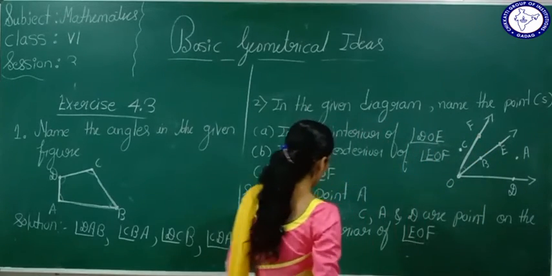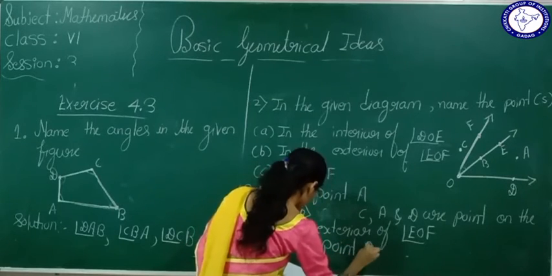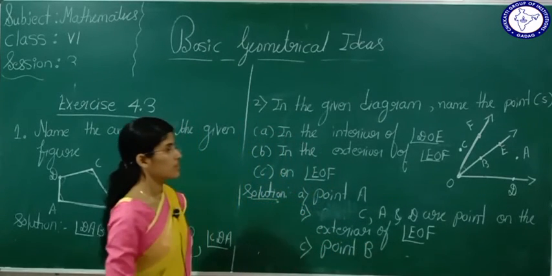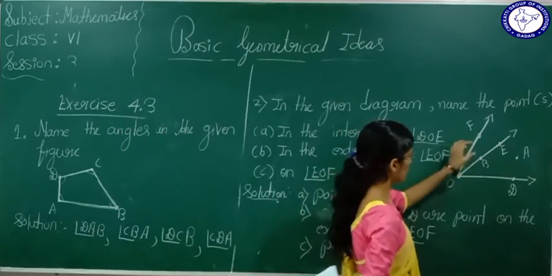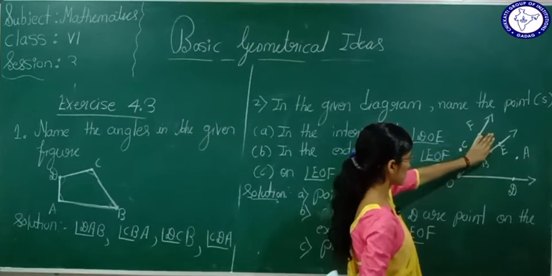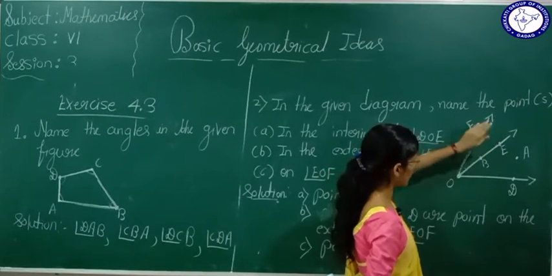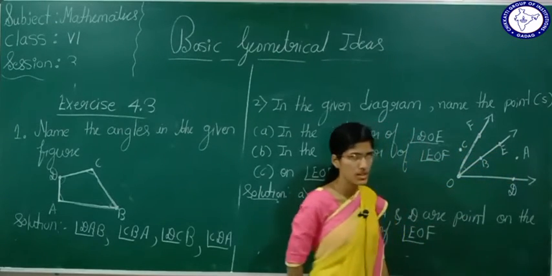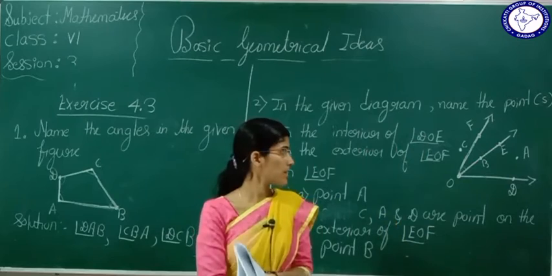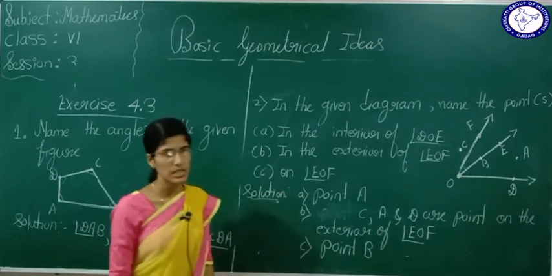That is point B. Now see students, one more I will explain to you. On the exterior of angle EOF, which are the points? Here point C will come, point A will come, point D will also come. Yes or no?